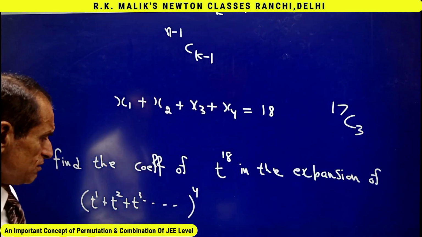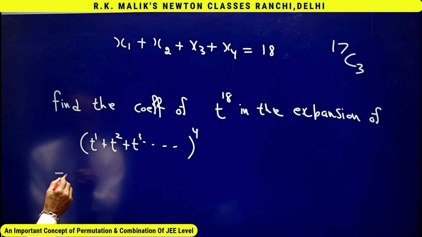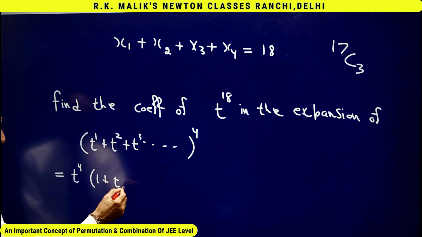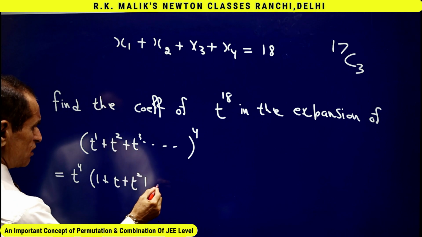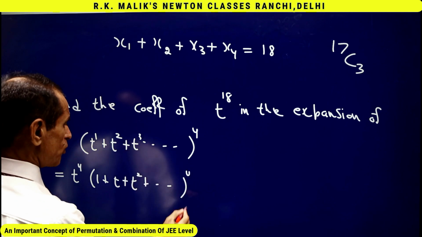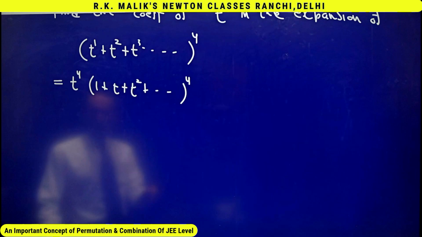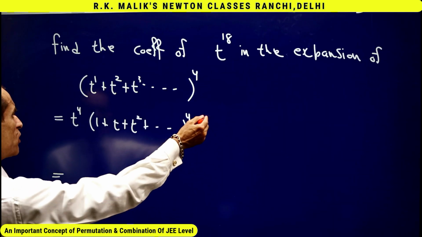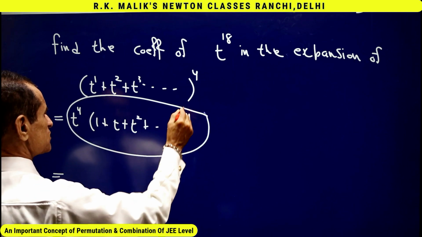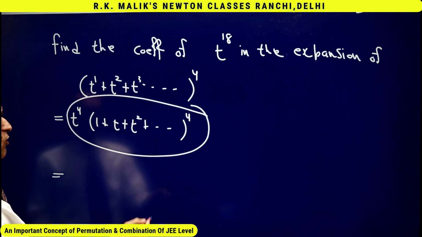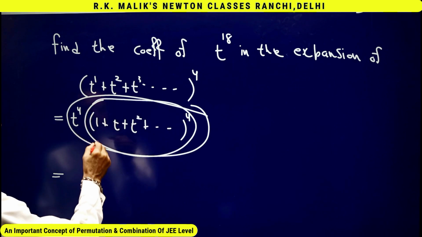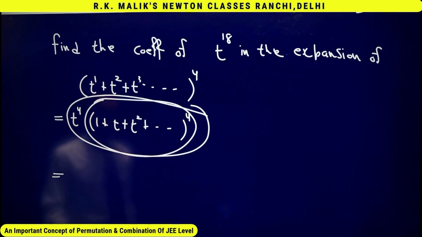Clearly this is equal to t to the power 4 into 1 plus t square and so on whole to the power 4. The coefficient of t to the power 18 in this is the same as finding the coefficient of t to the power 14 in this part.